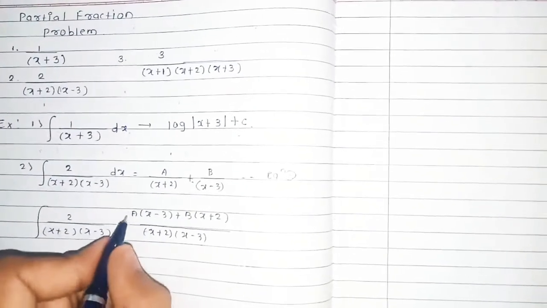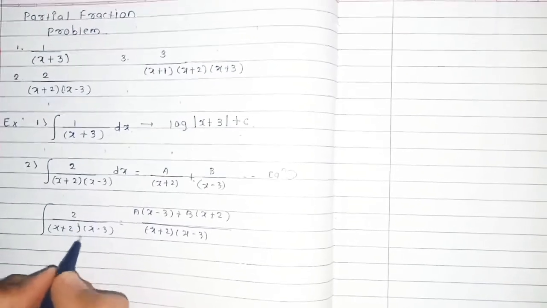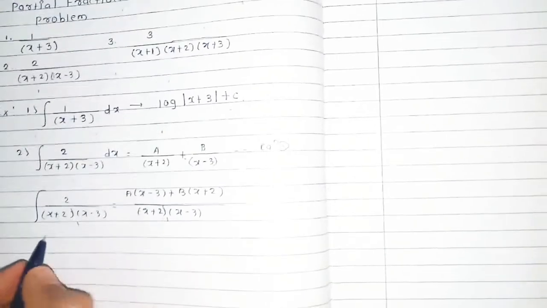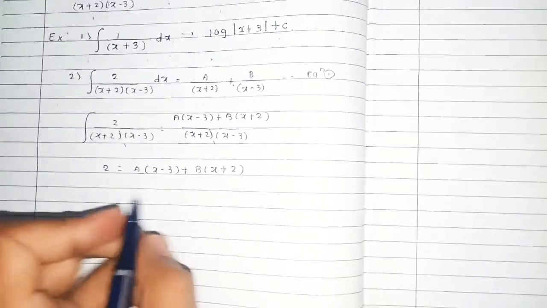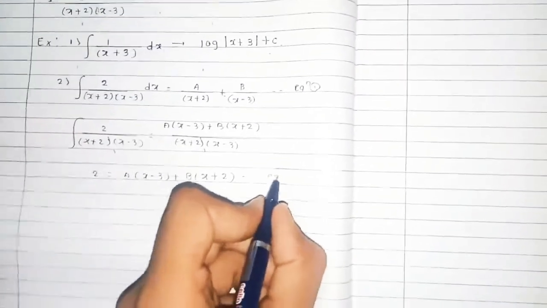On both sides, the common terms cancel. The equation will be 2 is equal to a times (x minus 3) plus b times (x plus 2). This is equation number 2.